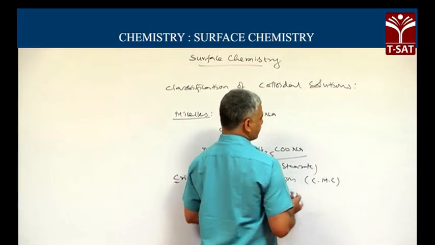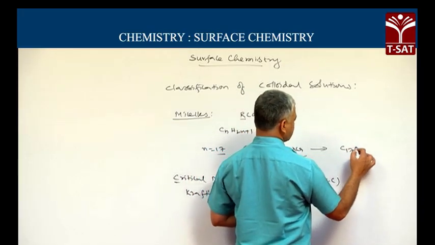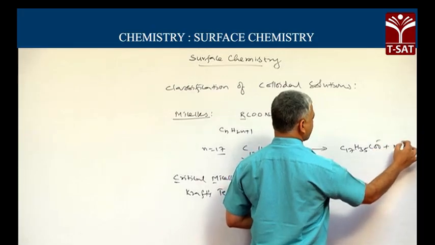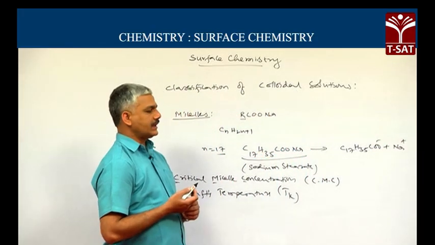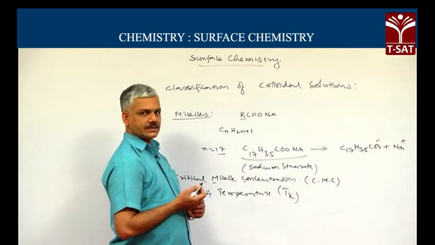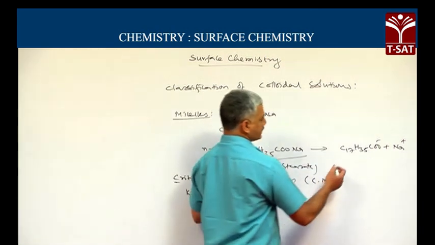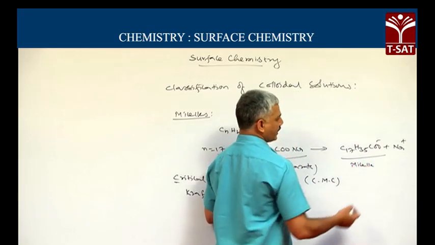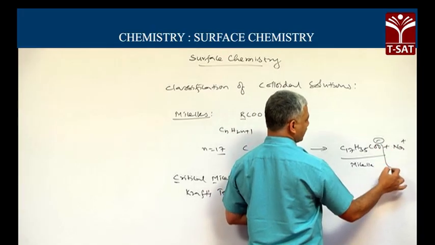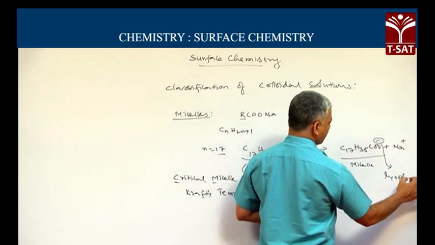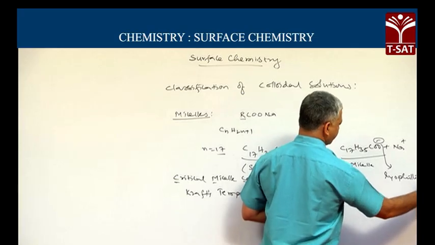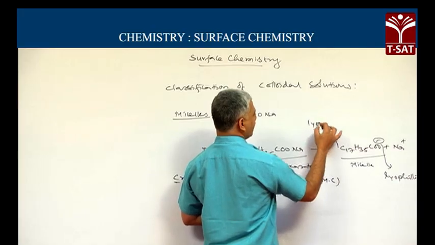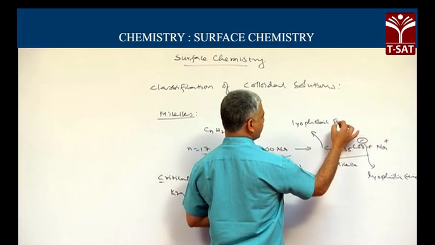An aqueous solution of soap undergoes ionization as C17H35COO- and Na+. This carboxylate ion part can act as a micelle. The charged end acts as a hydrophilic end, and the alkyl group end acts as a hydrophobic end.